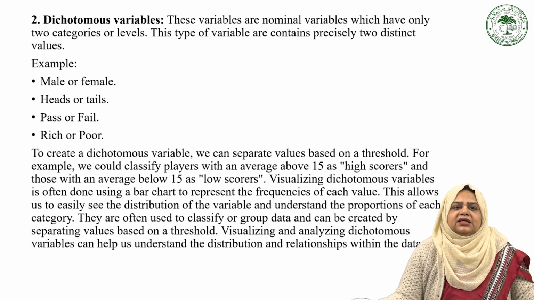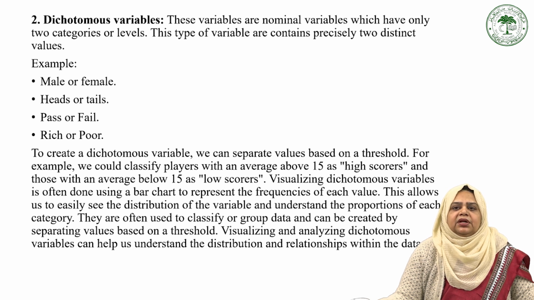Next category is dichotomous variables. These are a special type of variable that only have two categories or labels. They can represent things like male or female, heads or tails, pass or fail, rich or poor. To create a dichotomous variable, we can separate values based on a specific point.